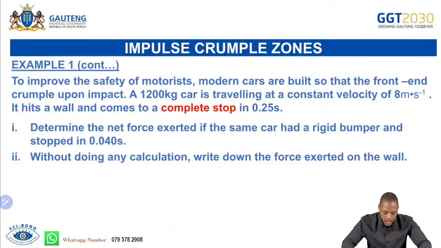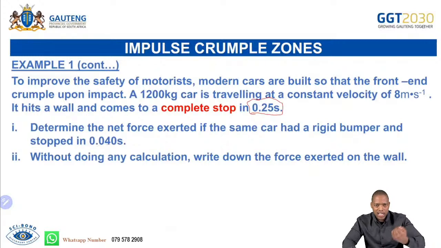The question says, determine the net force exerted if the same car had a rigid bumper and stopped in 0.040 seconds. You will notice that the time of contact has changed from 0.25 to 0.04 seconds. The time of contact has actually decreased.